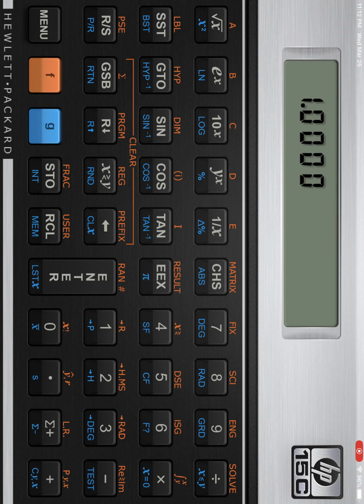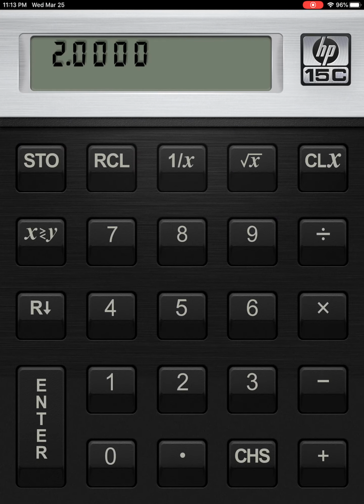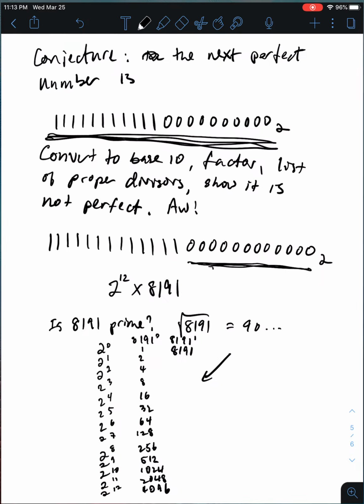So sigma plus. Now I'm going to multiply by 2, sigma plus. Okay, this is not working out. All right, forget it. Sorry for misleading you on that.